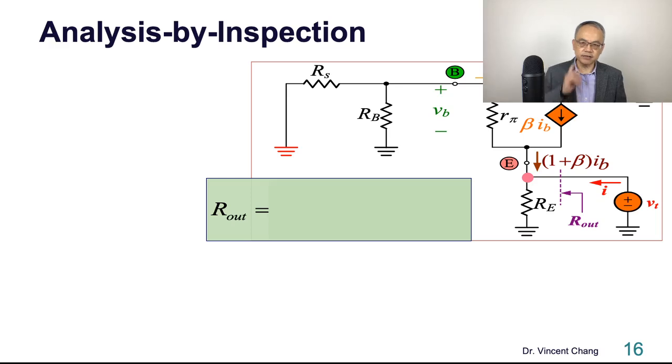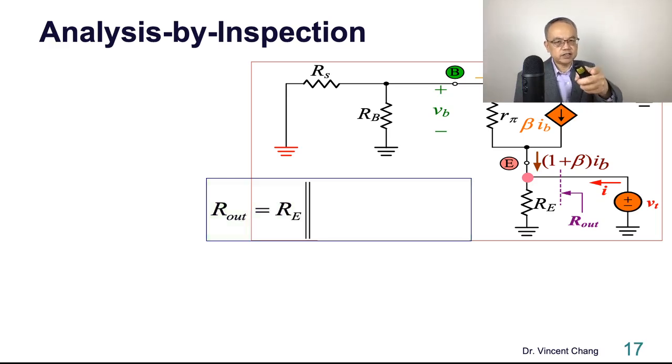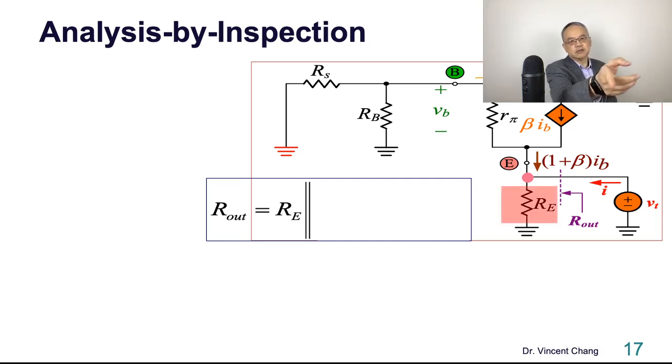Have you figured this out? The first component, this is RE, right? So someone asks you, what's the resistance between pin and the ground? You say, of course, it's RE. Easy. And then, what about the second component? There's more.